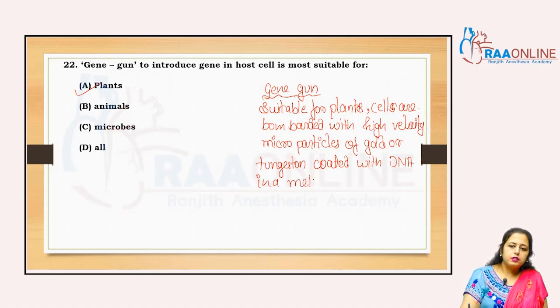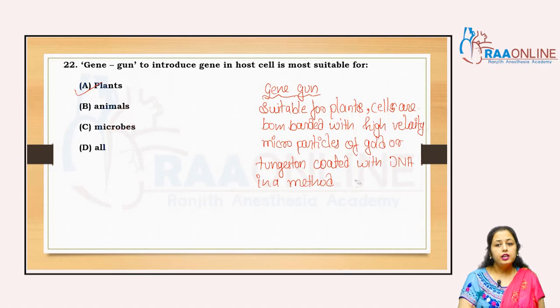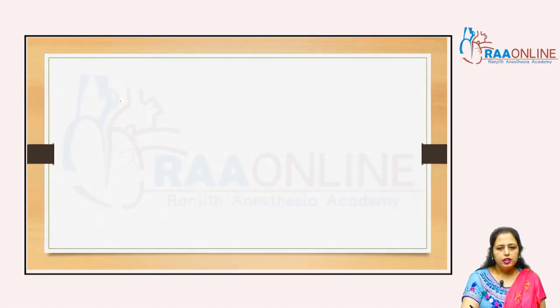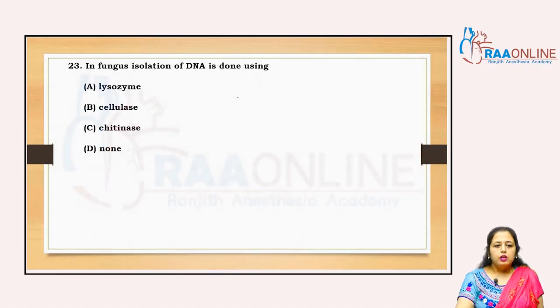They are known as biolistics or the gene gun. So these are called the gene gun, which is most suitable for the plants. Actually in that question the word most is used, that's why the answer is the plant. Now come to the next question.